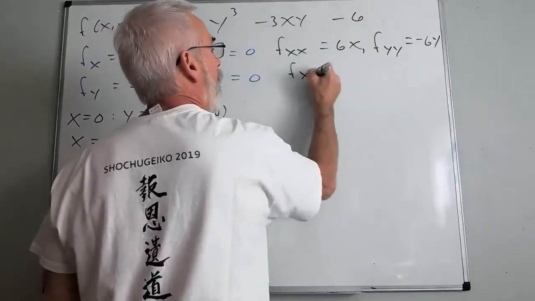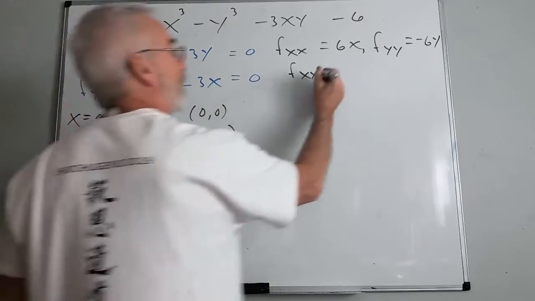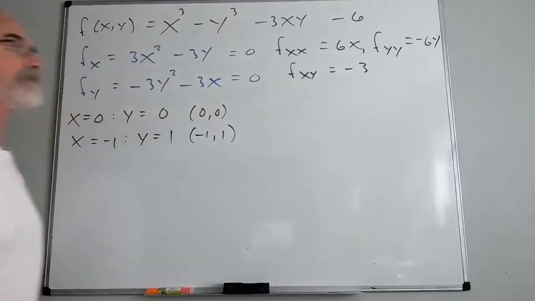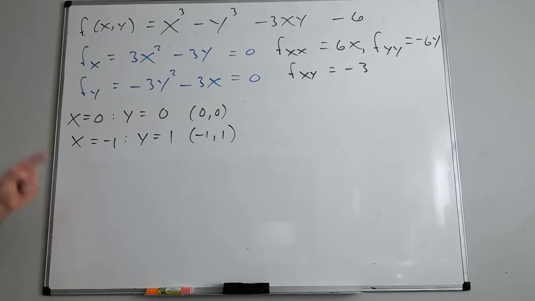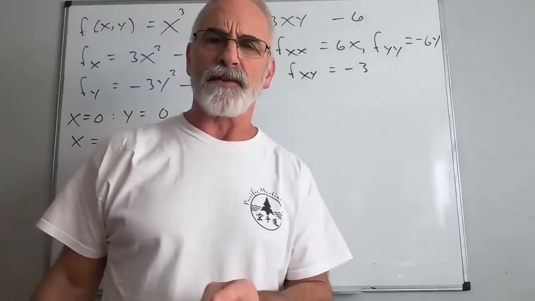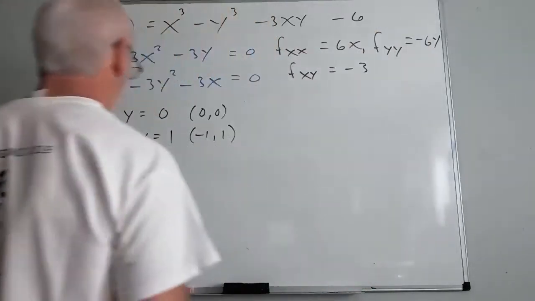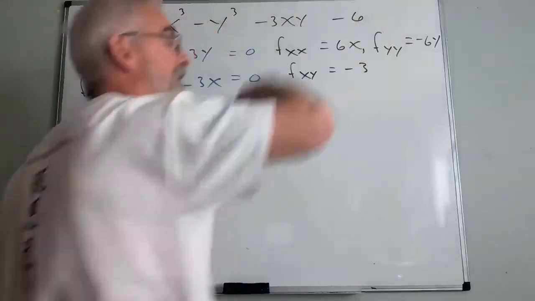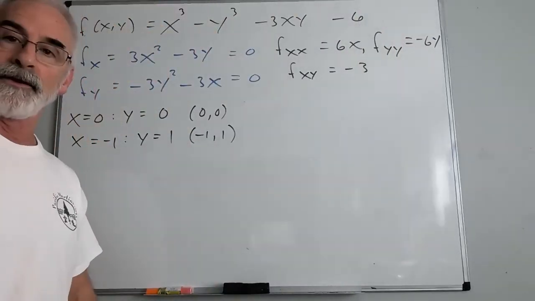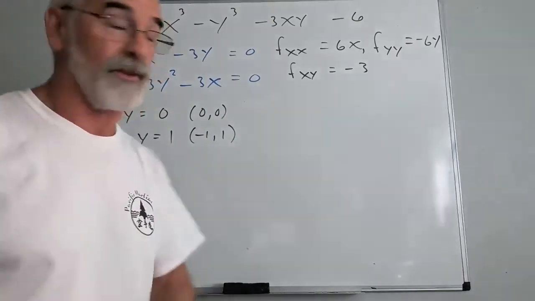And fxy or fyx, it's going to be the same thing, is negative 3. Now we have two different Hessians we have to find. So probably the easiest way of doing it is saying, okay, I need to evaluate these at 0, 0. I need to evaluate these at negative 1, 1. And then I need to plug them into the Hessian formula, or I can just do it like this.